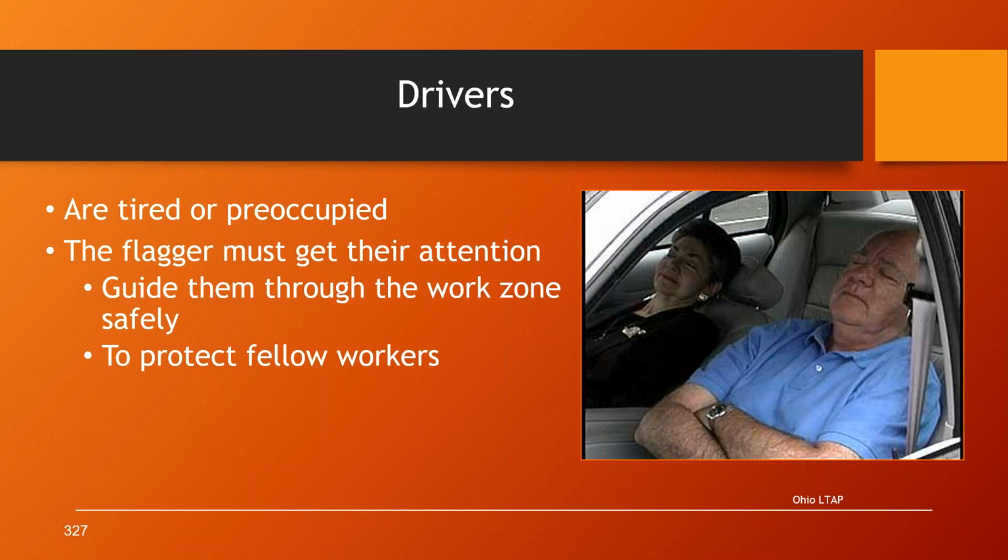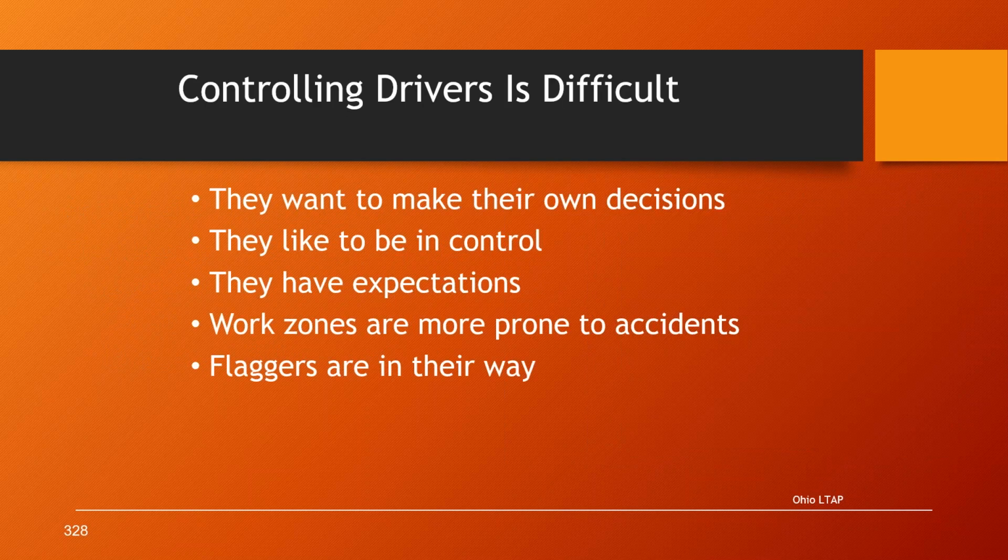That's why we have the advanced warning area with our signs, our proper flagging vest, and the proper cone taper, because drivers are, as you can see, sometimes a little drowsy or preoccupied with other things. And so we need to do our best to get their attention and establish eye contact with the drivers as they approach.